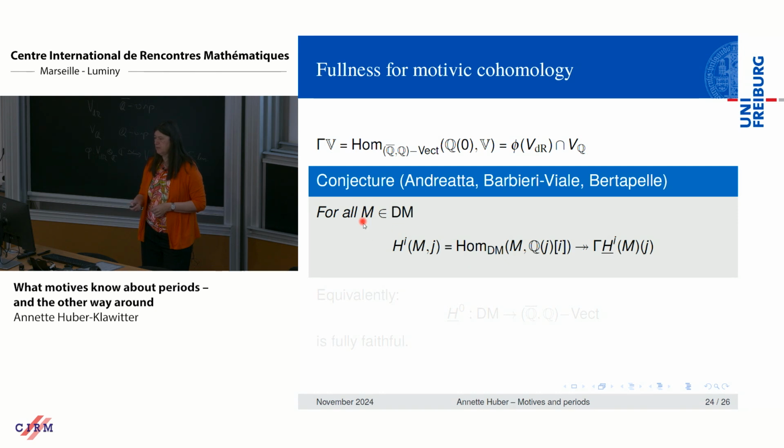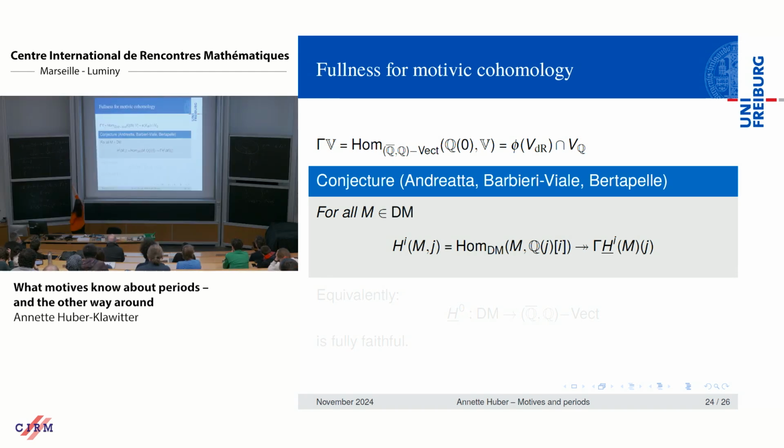So what they do, they look at a triangulated motive, Voevodsky motives over Q-bar with Q coefficients. And then you have, this is my notation for motivic cohomology here. So it's Hom(M, Q(j)[i]). And then you can apply the realization functors, so this morphism turns into a morphism of realizations. In my diagram, I'm going from DM all the way down to the right. So morphisms in DM give me morphisms of Hodge–de Rham structures.